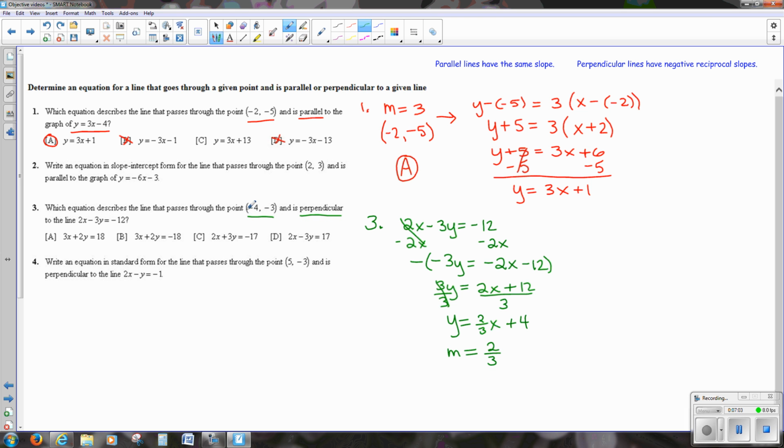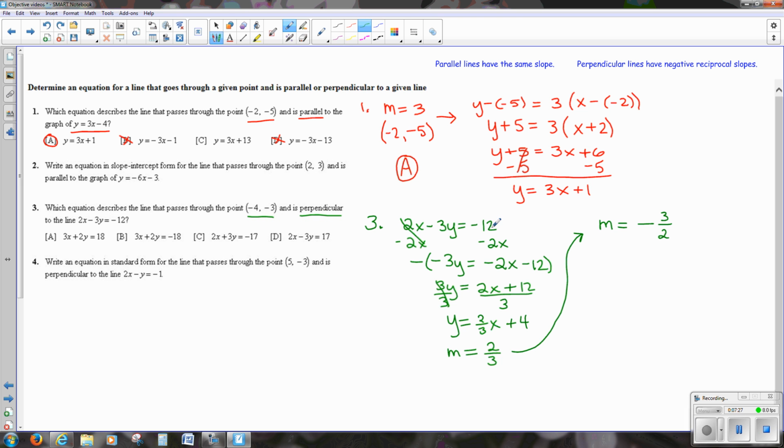What else do we know? We know that we actually want our line to be perpendicular to that line. So we don't want that slope. We want our new slope to actually be the negative reciprocal of the slope of that original line. Here's the slope of the original line.